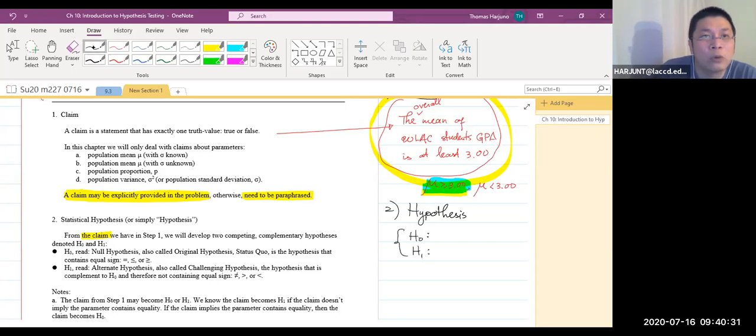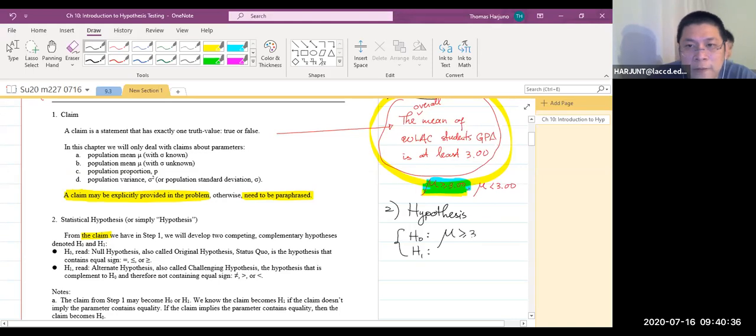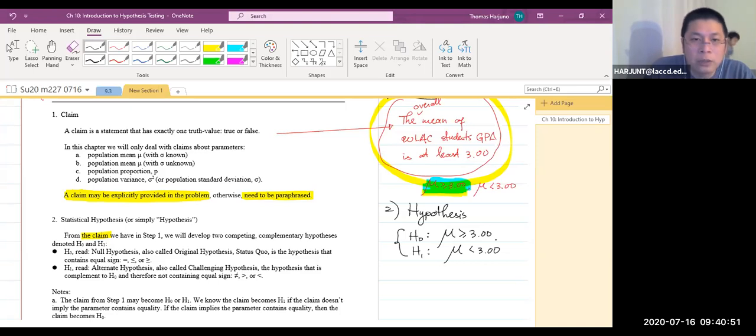If it has the equal sign, that hypothesis goes to the null hypothesis, while if it doesn't have the equal sign, it will go to the alternate hypothesis. Now, I am not saying that the claim will always go to the null hypothesis. No, that's not right. The claim may go to the null hypothesis, like in this case. It may also go to the alternate hypothesis in other examples.